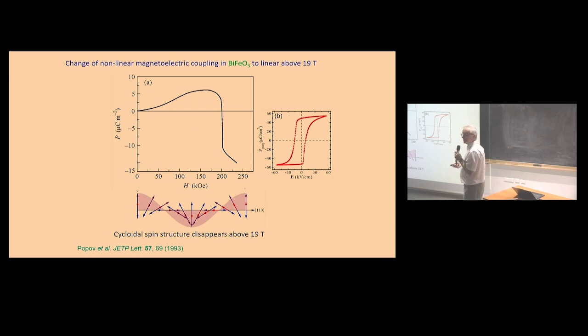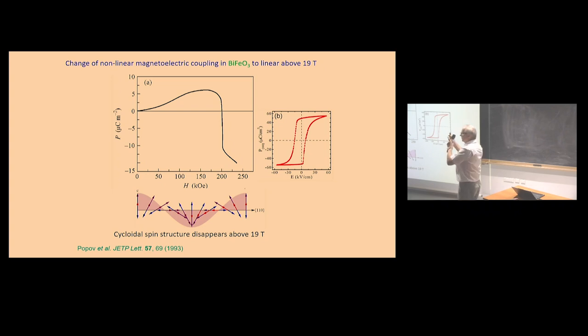In the case of bismuth ferrite, which everybody here has heard about many times already, the polarization increases with magnetic field quadratically. So there is a quadratic magnetoelectric coupling. There is no linear magnetoelectric coupling. And this is due to the fact that you have a cycloidal spin structure and the time reversal symmetry is not broken.